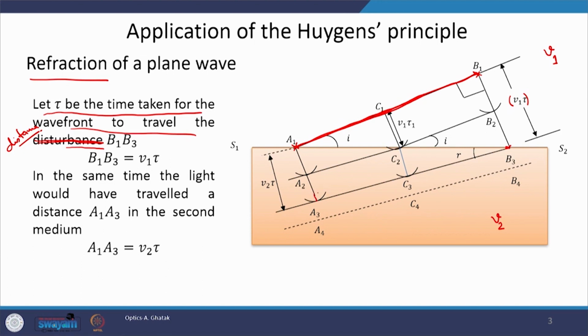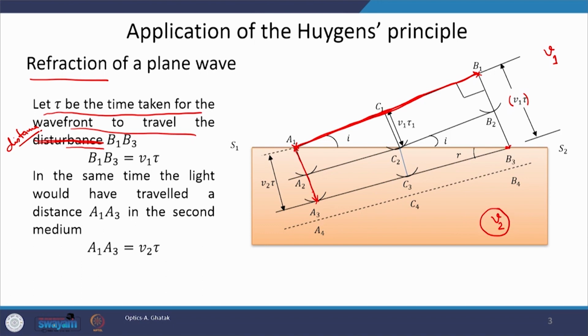A1 will reach point A3 within the second medium, and since medium 2 is of different refractive index, the wave will propagate with a different speed in this medium.